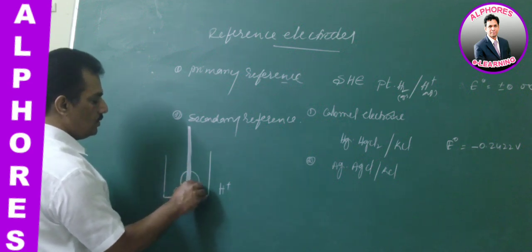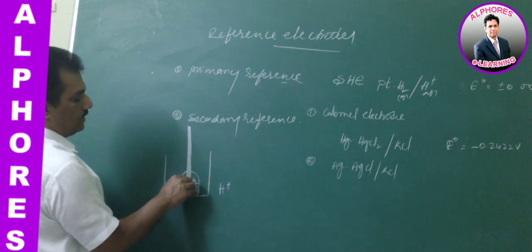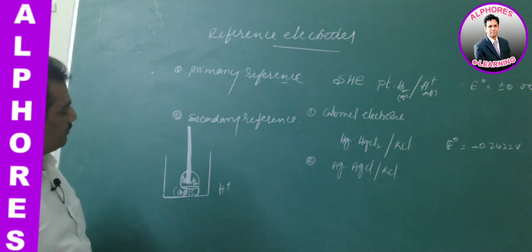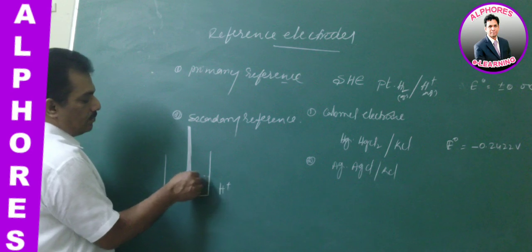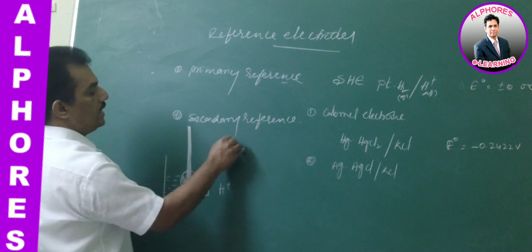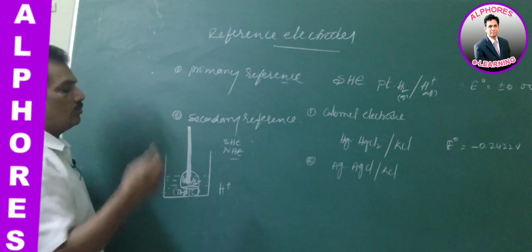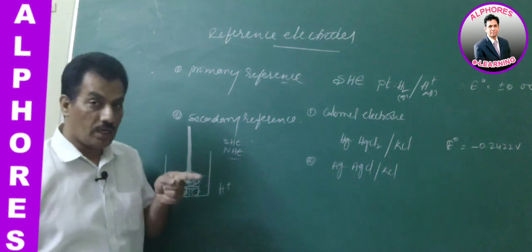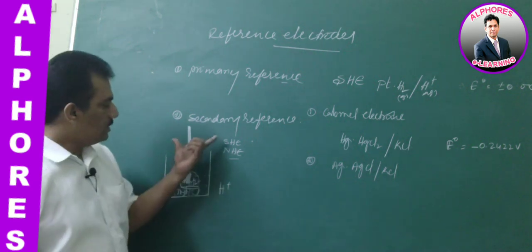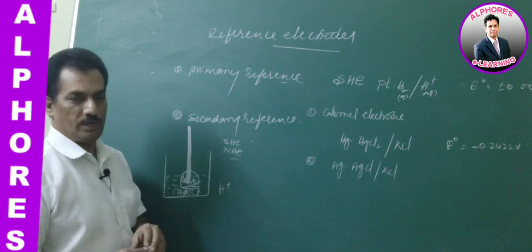In this glass hood, hydrogen gas is maintained at 1 atmospheric pressure. This total setup dipped in HCl solution is known as SHE or NHE, whose electrode potential is taken as 0, not 0 actually. Clear?